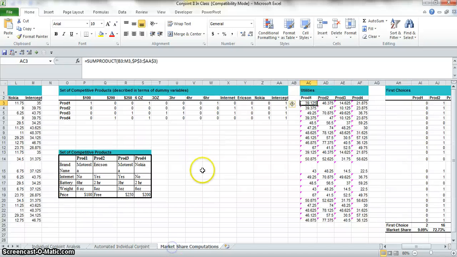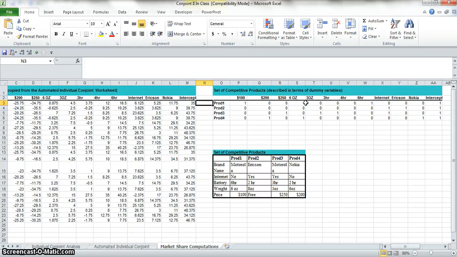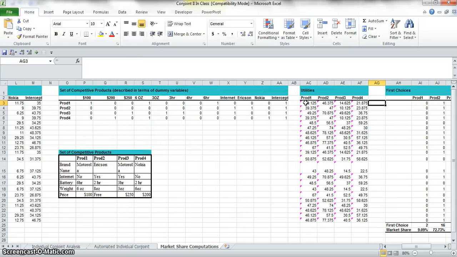It was more in the market share computation where you say here are the attributes of the product, and we used the sum product function to basically take the scores that they would get and add them together. Remember to include the intercept in that equation. It's actually really similar to what we did on assignment number 5. That's kind of what assignment number 5 was all about. That was like the big learning thing.